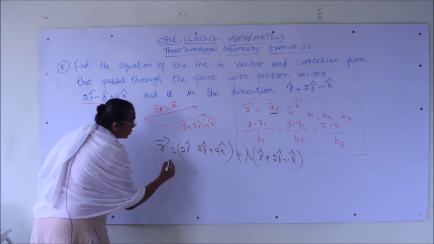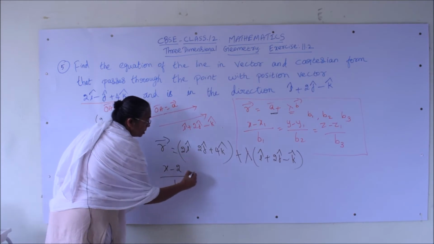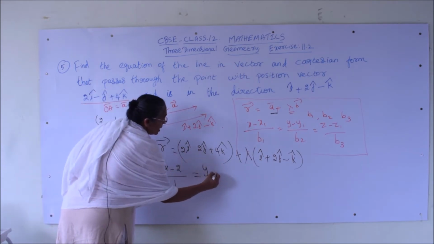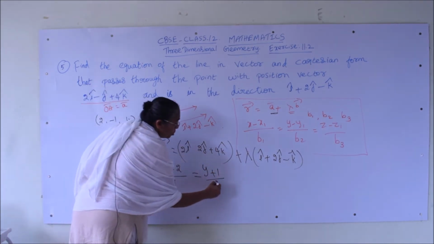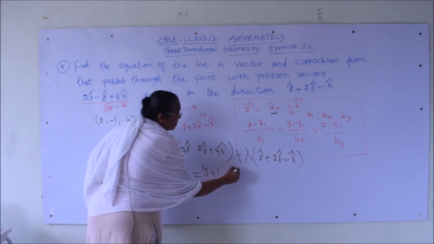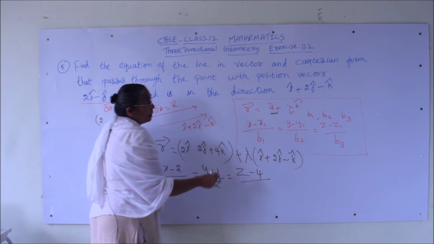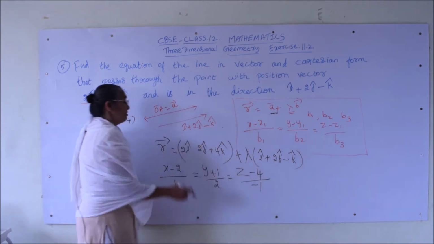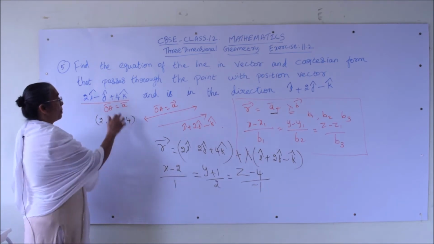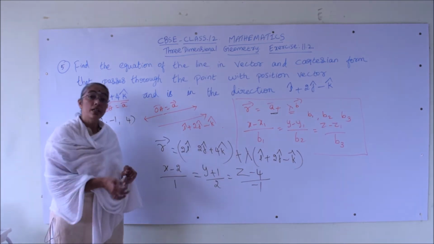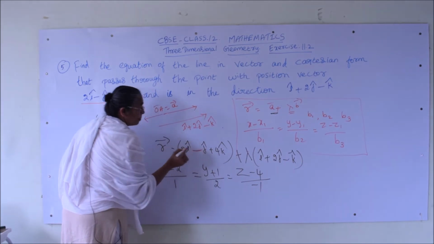Substituting in that formula, x minus 2 divided by 1 equals y minus y1, that is y minus of minus 1, y plus 1 divided by 2, equals z minus z1, z minus 4, divided by minus 1. So, these are the vector and Cartesian equations of the straight line passing through the given point whose position vector is given and in the direction of the given vector. This one is minus j here, so it should be minus j cap.